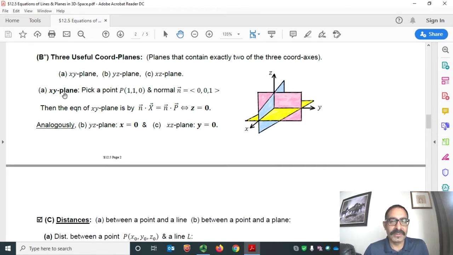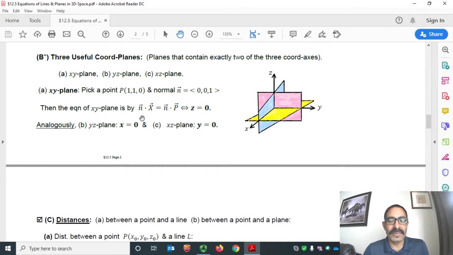To find the equation of a plane, we again need two pieces of information: one is a point and one is an orthogonal vector. For the xy plane, we pick an easier point to work with. Just pick the z coordinate as 0, then our point is (1, 1, 0), and the normal vector is simply the k vector, which is the vector along the z-axis, perpendicular to the xy plane.